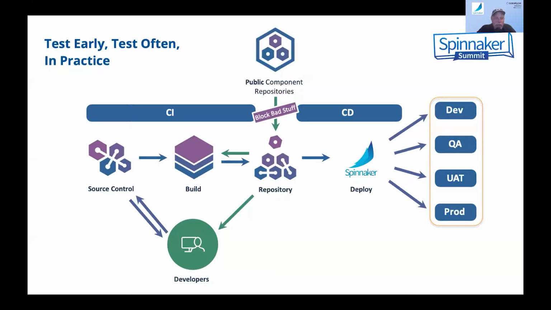Again, in the theme of shifting left and not allowing any bad components to even get into our ecosystem, we can take a look at those open source components that are coming in from the outside world and block them before they even get into our ecosystem so that they won't cause any problems with respect to our applications.